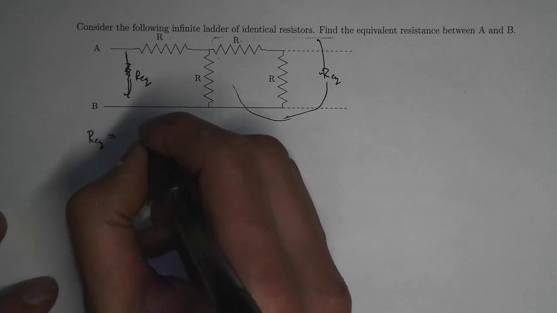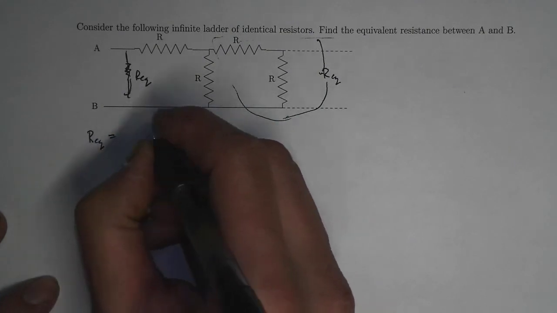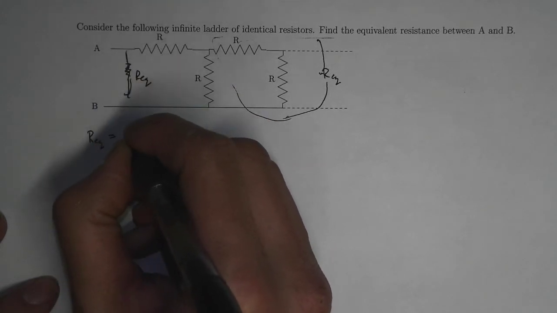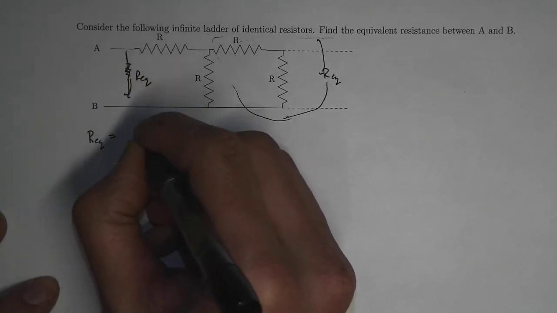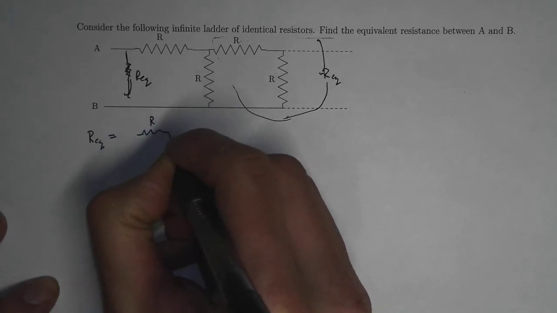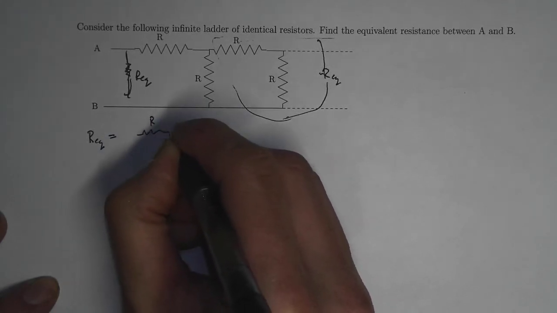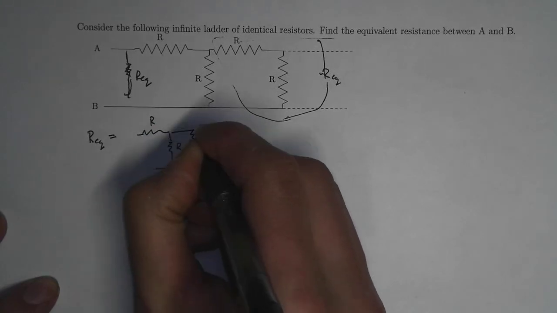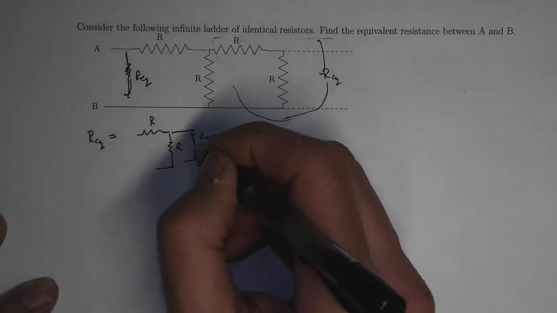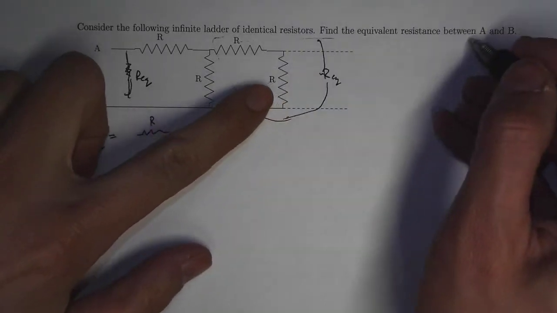So REQ is going to be the sum of the top resistor R, this resistor R again, and then another REQ. This circuit is just another version of REQ going onward.